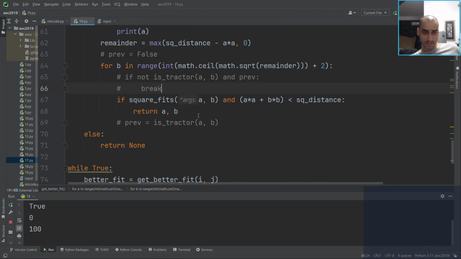So as we increase A, the number of B's we need to check would decrease. So this took a long time, but as we go to 200, 300 and so on, it should get faster and faster. Let's just let it run then.